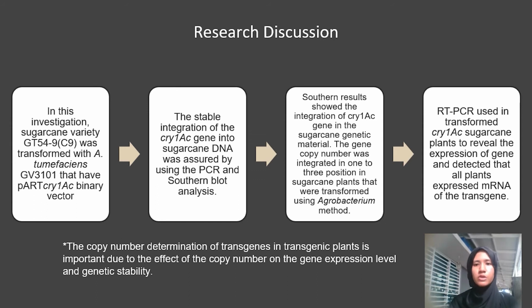ELISA was used for quantitative determination of proteins, and RT-PCR, which is real-time PCR, was used in transformed Cry1Ac sugarcane plants to reveal the expression of the gene and detected that all plants express mRNA of the transgene.